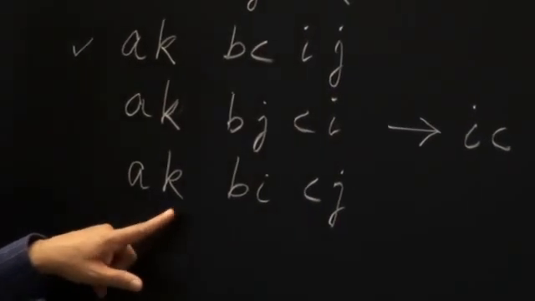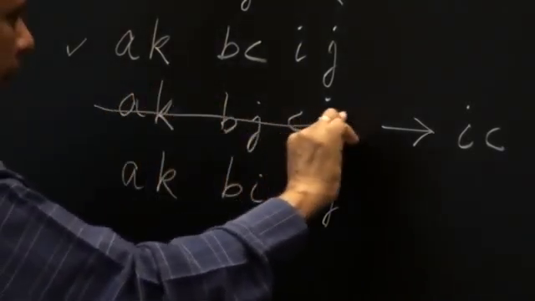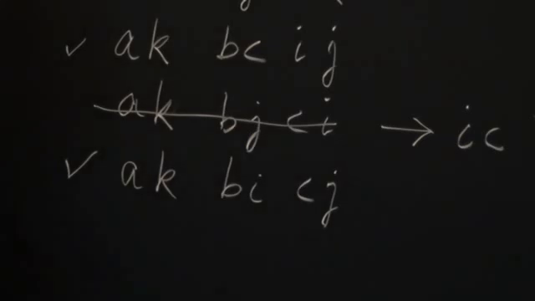Okay. So I only need to retain one of them, and I think I retain the last one. So I throw this out, and I retain this. Okay. So we have started with 7 terms, brought it down to 5.